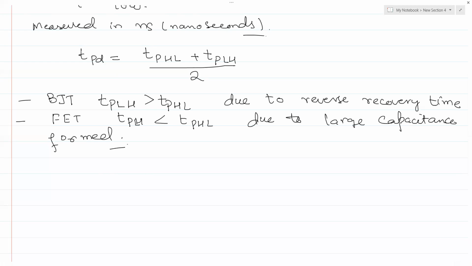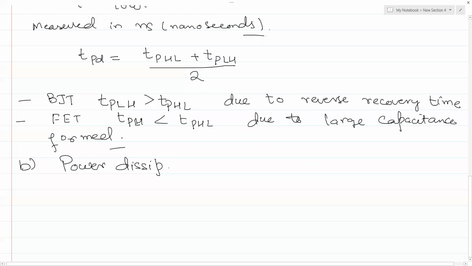Similarly, we will start with the second characteristic, that is power dissipation. Power dissipation is the amount of power dissipated in an IC.